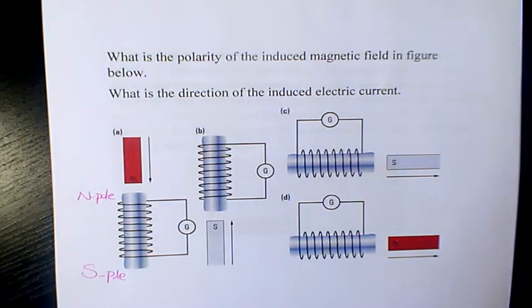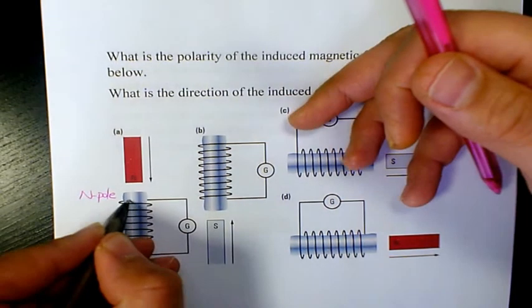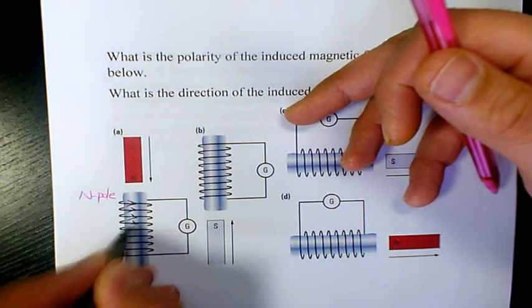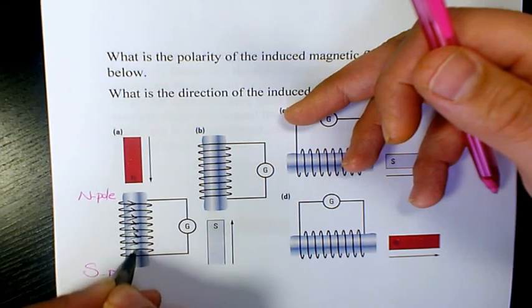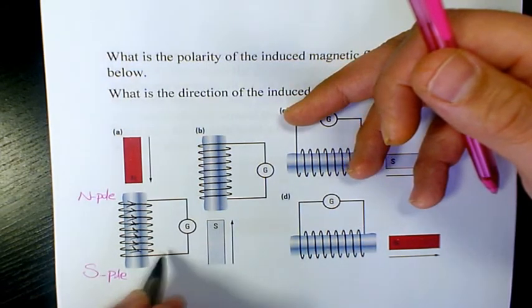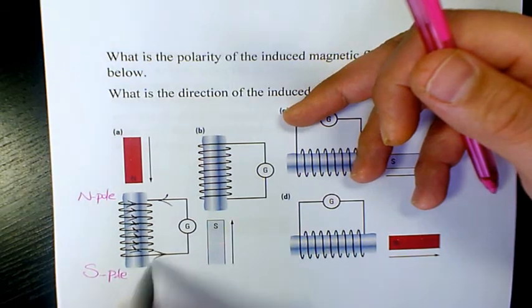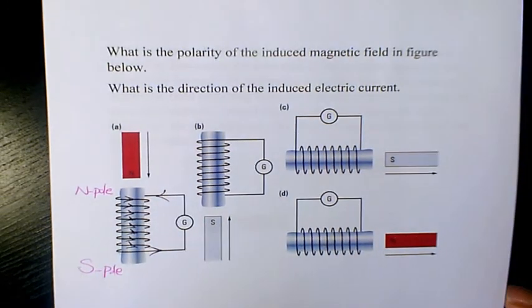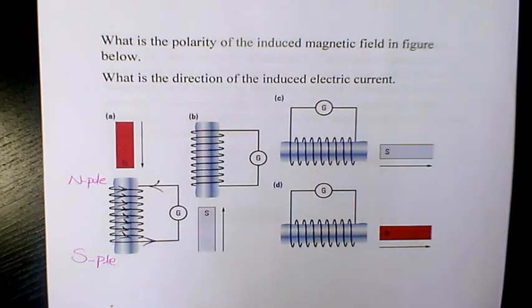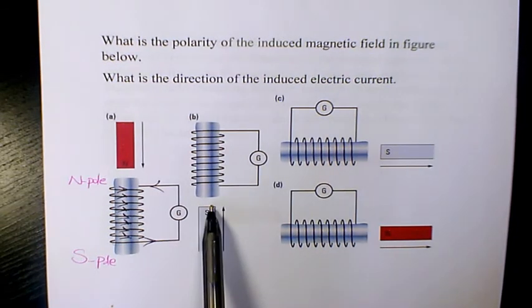Then I need to use the right hand rule. Thumb is going toward the N pole, and the rotation of the four fingers is going to be toward this side. Like that. Now part B. In part B, S is going inside this coil.